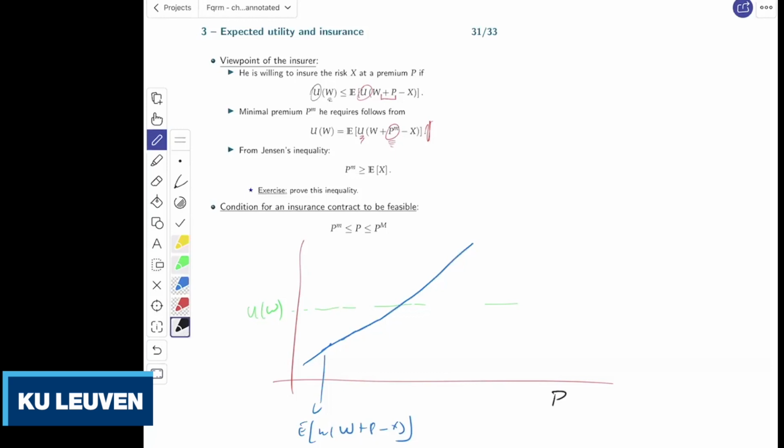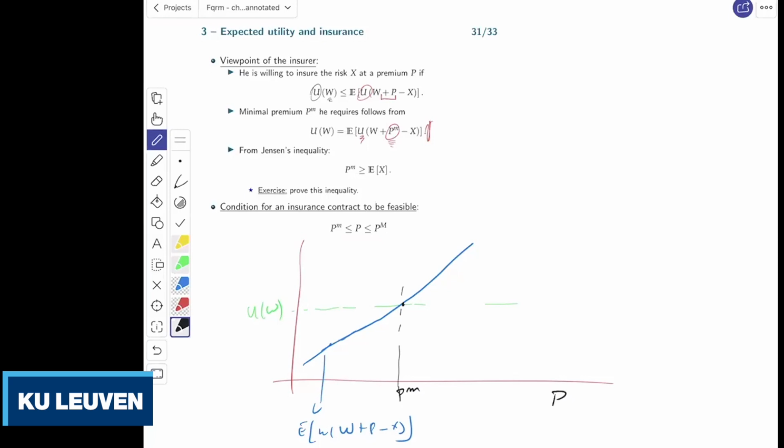So this point here, where the two cross, P small m, is a minimal premium, meaning that if we are above this P m, the blue line is above the green line, meaning that you prefer to take the insurance. Right? So the insurer says, I want to receive at the minimum an amount of P m. Of course, more is always preferred, but I need to receive at least the amount P m. That's my minimal amount I want to receive in return for insuring X.